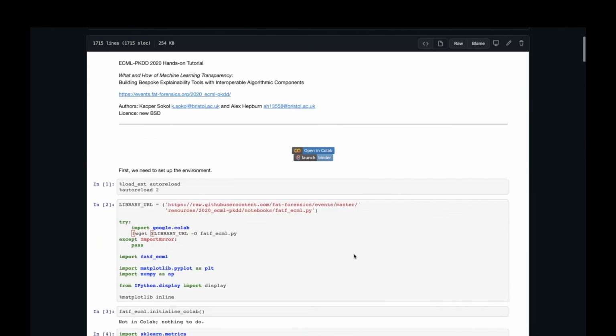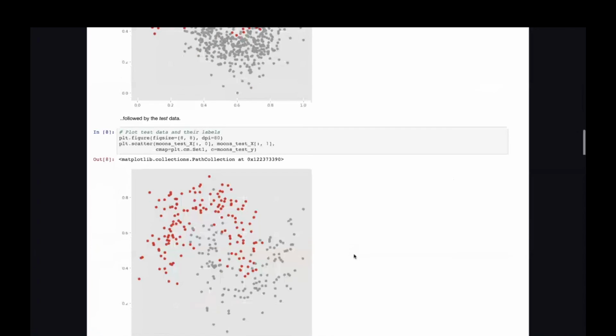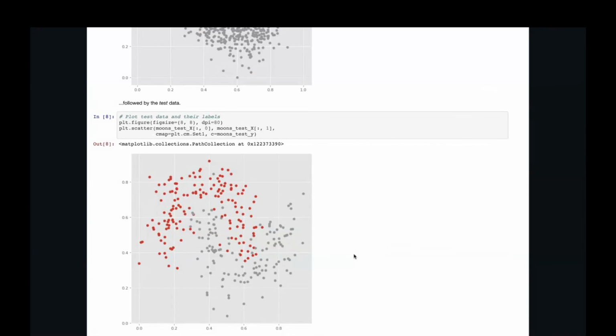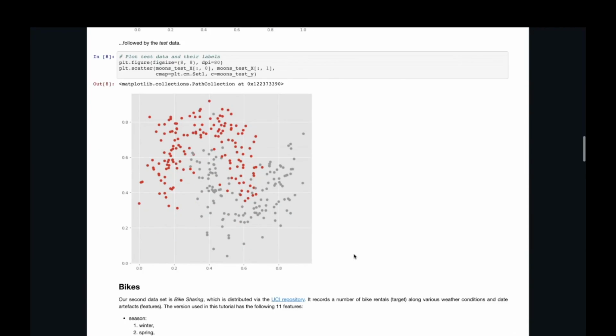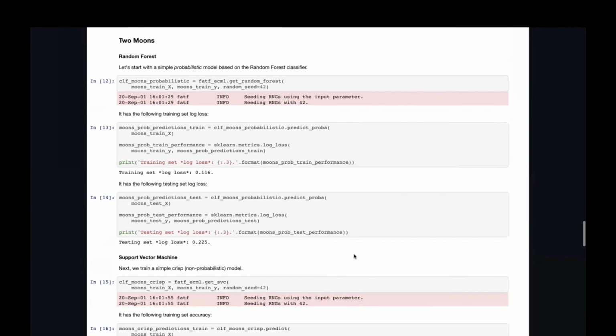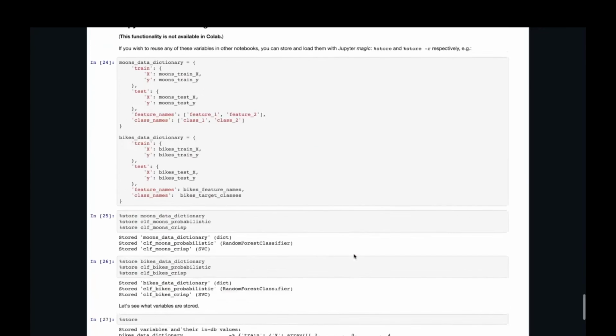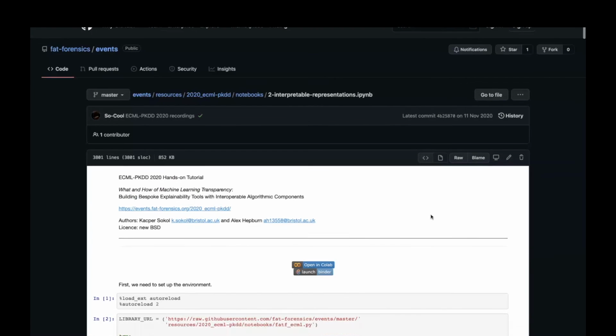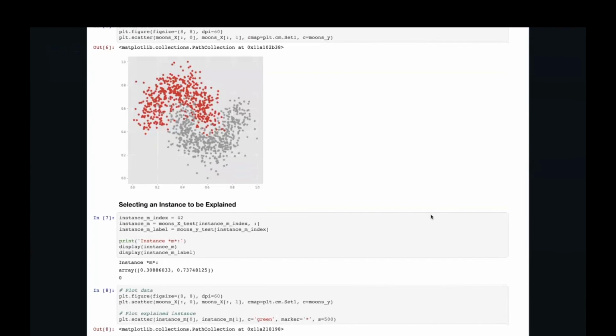We'll break for a moment, but first let me show you some of the resources that we prepared for the ECML PKDD tutorial last year, which go more in detail with building surrogates. If you navigate to events.fatforensics.org, you can find all these Jupyter notebooks there, and they go step by step computationally through all of the issues that I covered today for tabular data.